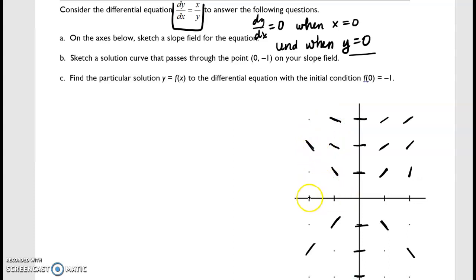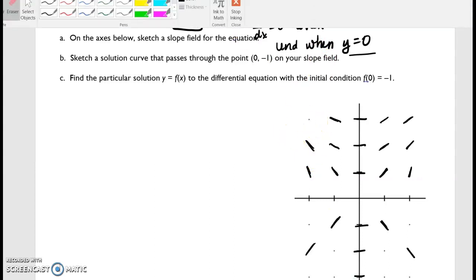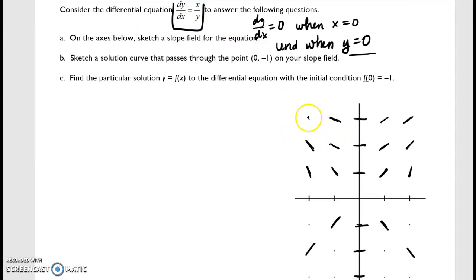Over here, -2, +1, that's going to be a slope of -2, so more steep than the line up above it, and then a little bit less steep. So again, you don't have to be perfect on these, just think about, is it going to be more steep or less steep than the one before? So same idea here.